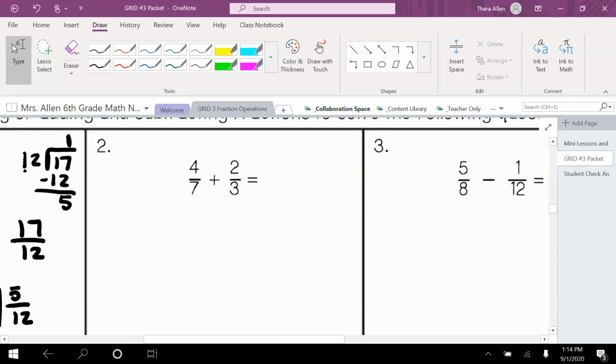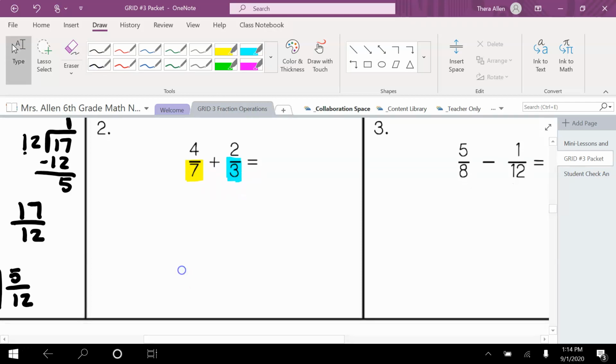Moving on to number 2, my denominators are not the same. I need to find the least common multiple between 7 and 3. I always like to do my larger number first. 7, 14, 21.